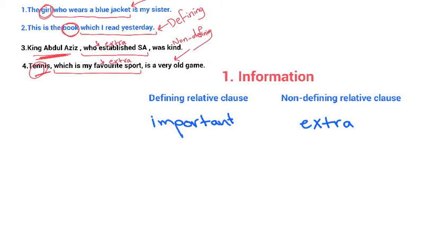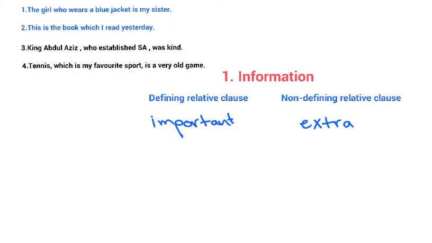The second important difference between the two is that in the defining relative clause, we don't use commas. As you can see here, in the defining relative clause, there are no commas. But in the non-defining relative clause, you can see here we have the commas.